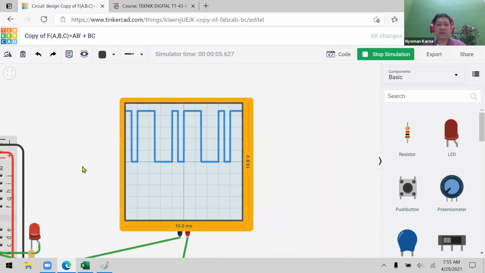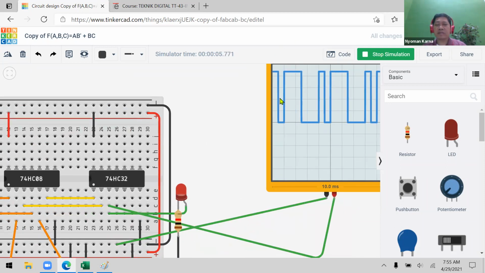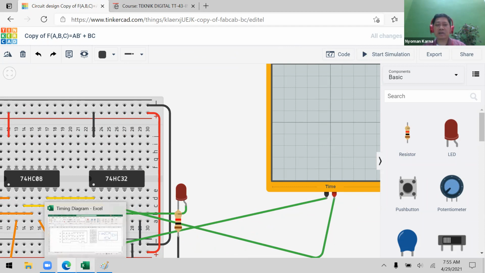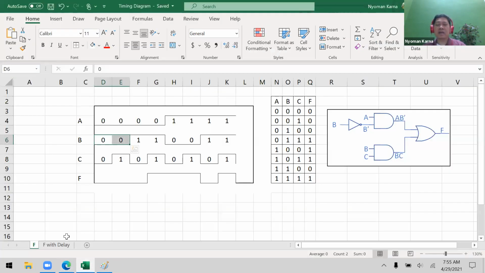Okay, just a closing remark from me. Because there is a delay in an actual device, that means a logic circuit will have a maximum working frequency.